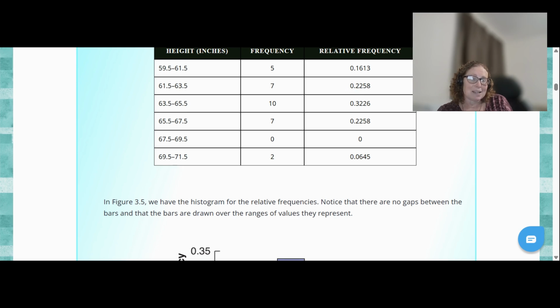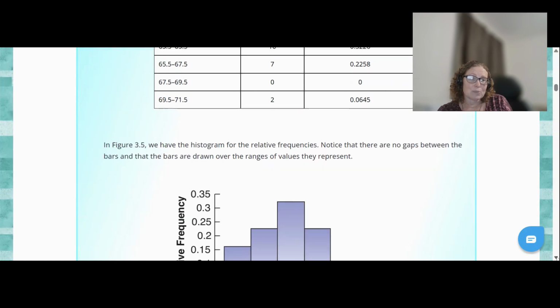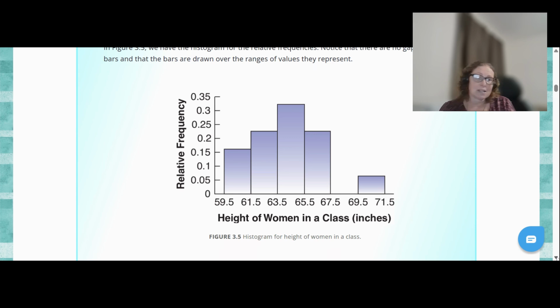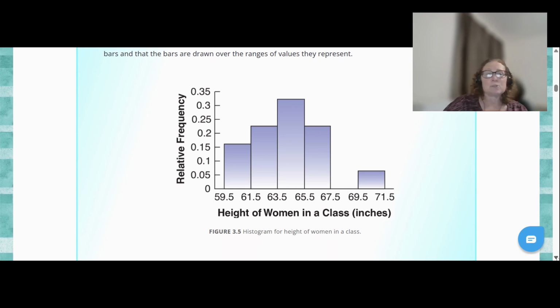Basically, that means 61.5 and above, because we're looking at inches and we know they're not going to be exact. So when we do that, we come up with this little bar graph.